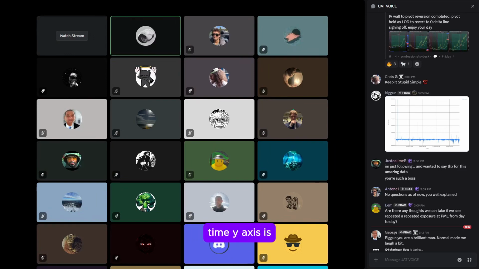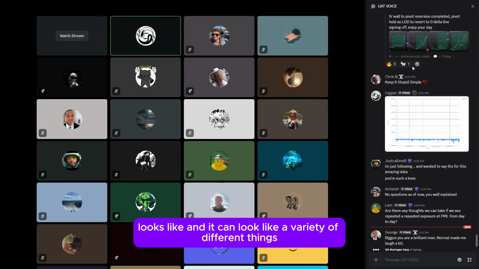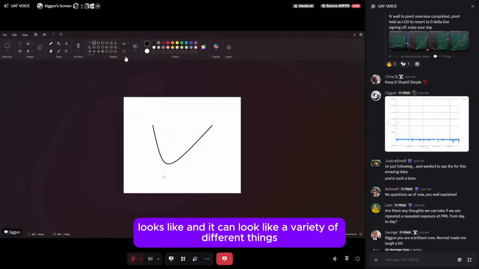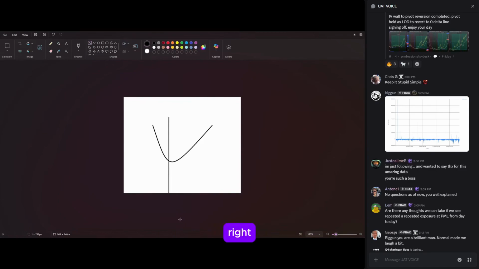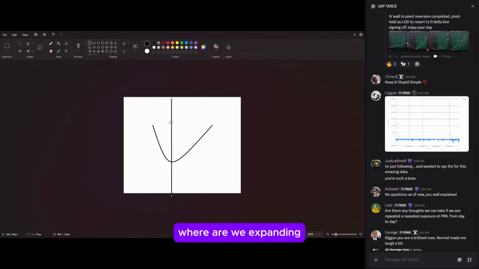The x-axis is time, the y-axis is exposure. This is what exposure looks like, and it can look like a variety of different things, but there are basically two points of interest: where are we expanding and where are we decreasing? Intraday it's going to be spiky, not necessarily a uniform, perfect slope, but you'll see a general trend.